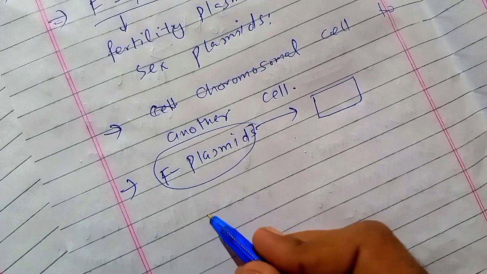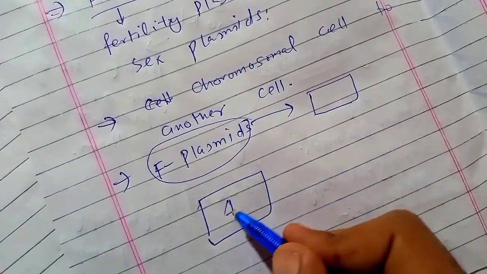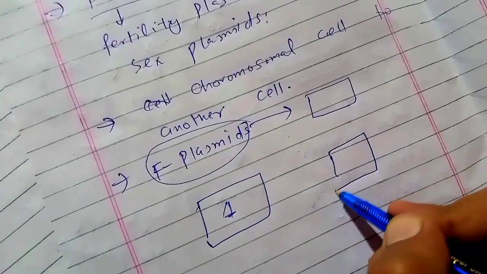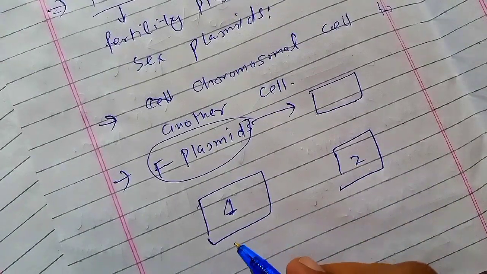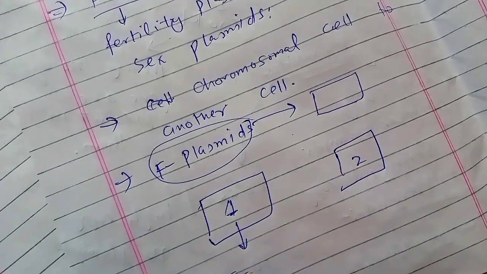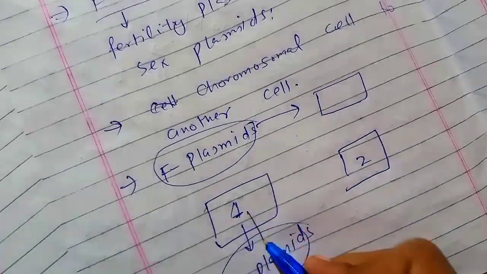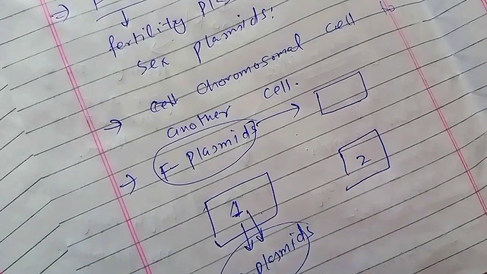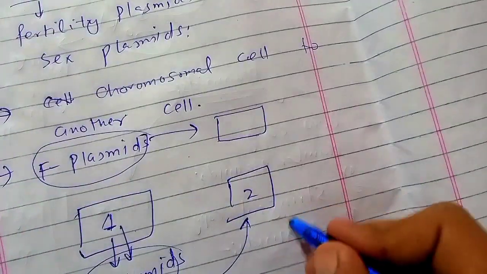It means that there are two cells, number one and the second cell. An F plasmid has the ability to transfer the plasmid from the cell in which the plasmid is present to the cell in which no plasmid is present.